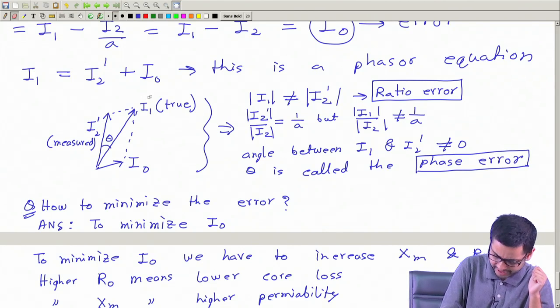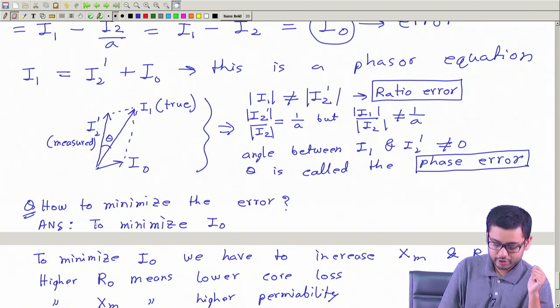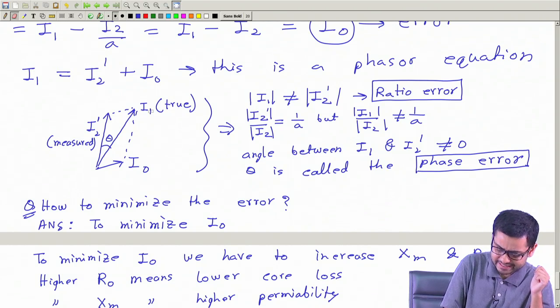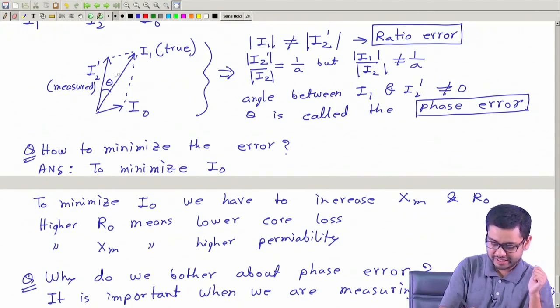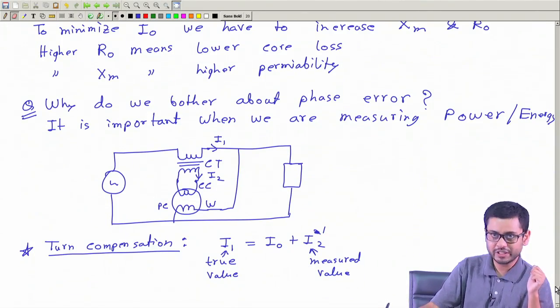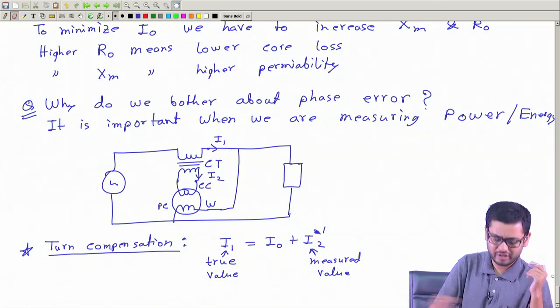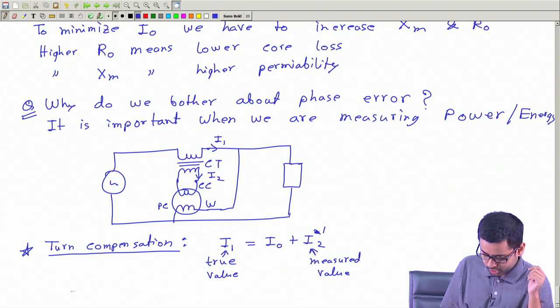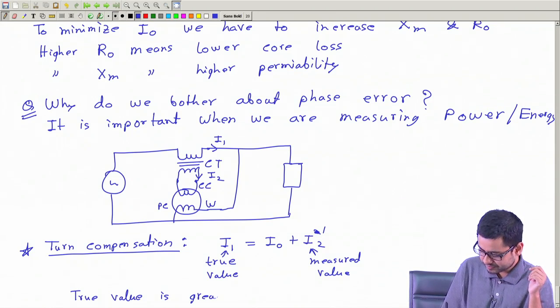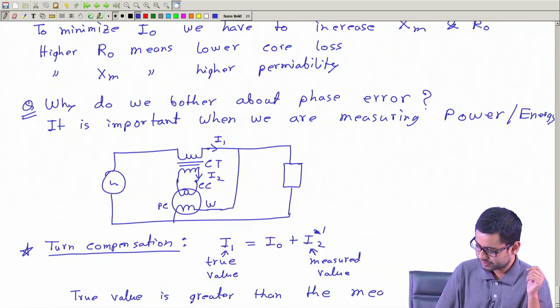So it seems I1 is somewhat greater than I2 prime. So the measured value is somewhat less than the true value. Although these are phasors, so we cannot say it so easily, roughly we can say that the true value is greater than the measured value.